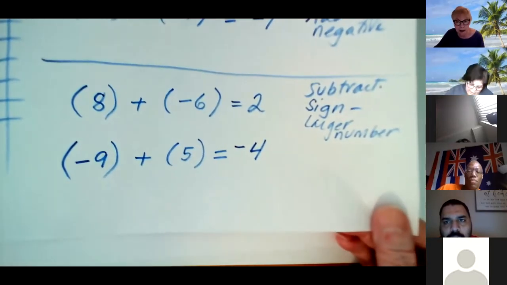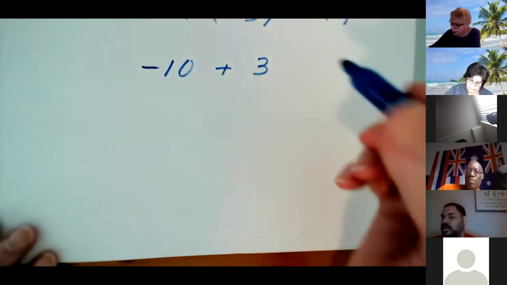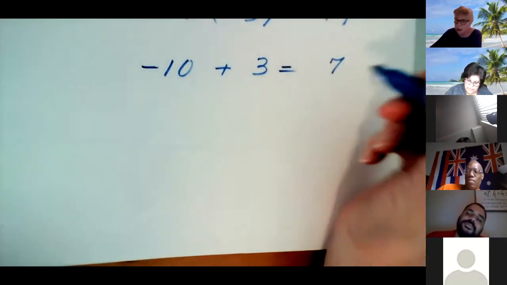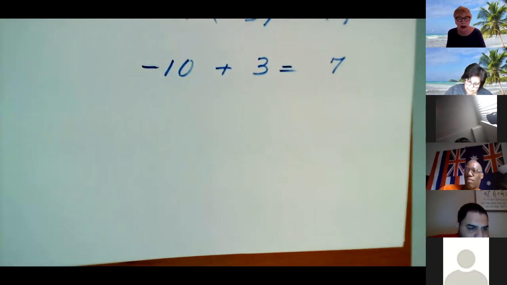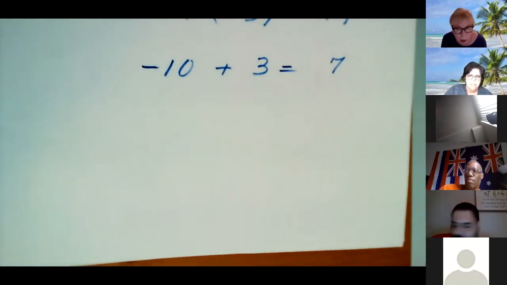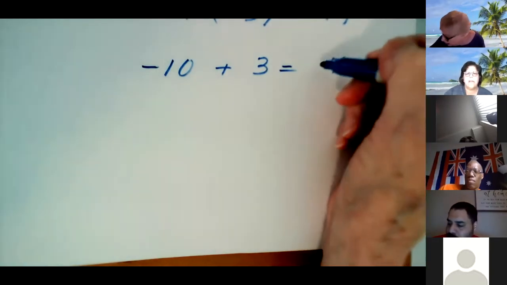Because you subtract the absolute value. And so 10 take away 3 is 7. And when I subtract, I have to take the 10 first and the 3 second. So I'm working with subtraction that I'm familiar with. 10 take away 3 is 7. But who wins? I've got the negative and I've got the positive. Who wins? The negative wins.